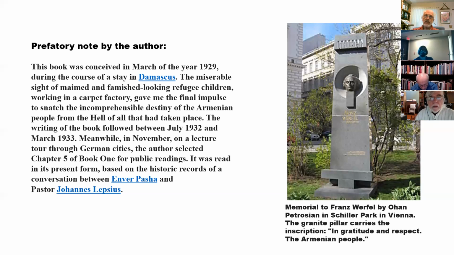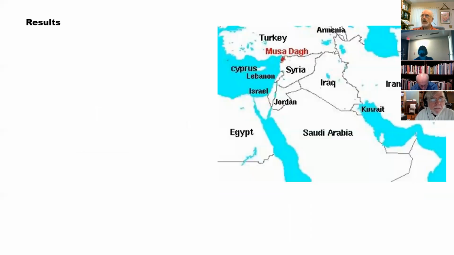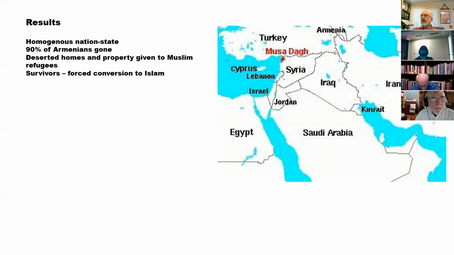You know, the Armenians, like certain other groups, have very strong historical memories. Well, the results of this, the Turks in one sense got what they wanted. They moved very much closer to a homogeneous nation state.